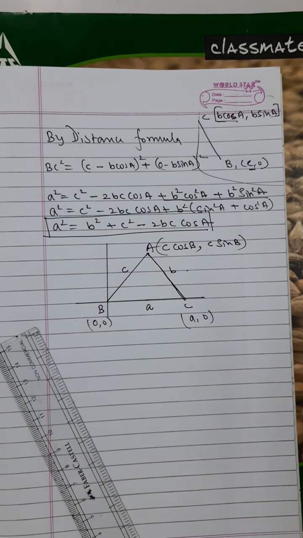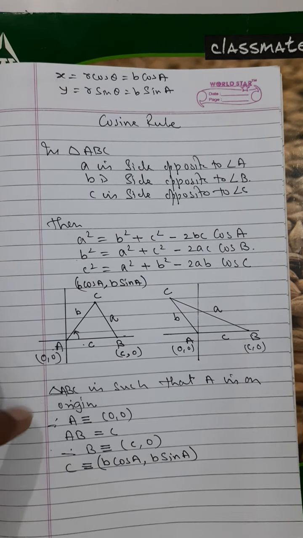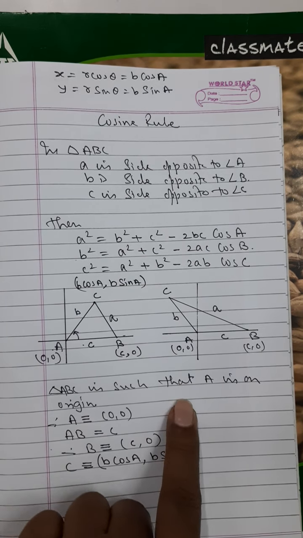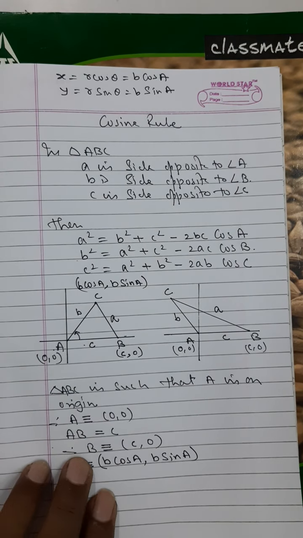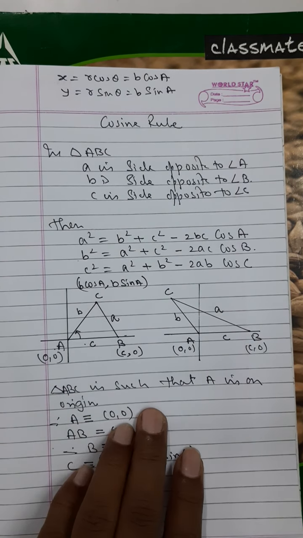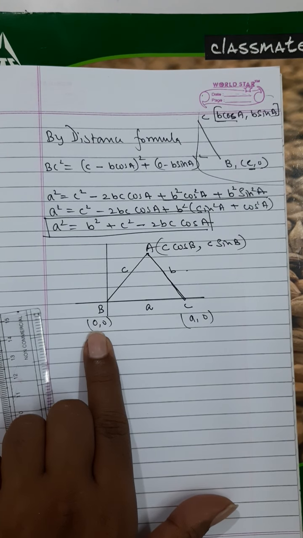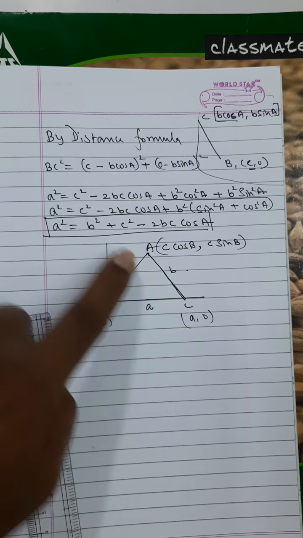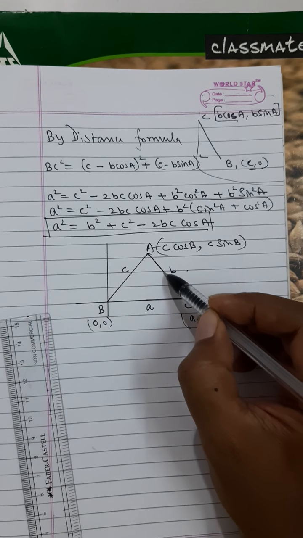But remember my dear students, if it comes in the exam, then you will have to write everything over here as we did over here. If the triangle is taken such that B is on the origin, B corresponds to (0, 0), C, because BC is equal to a, corresponds to (a, 0), A will be (c cos B, c sin B), and then you have to apply the distance formula over here.